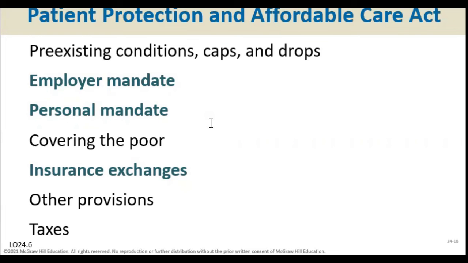One of them is the 0.9% increase in Medicare tax for some income earners, and a 3.8% increase in capital gains tax for the same earners.